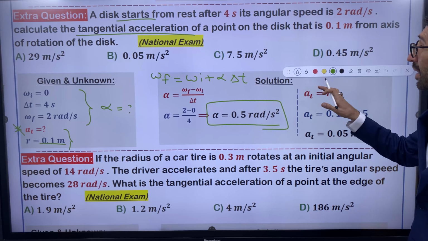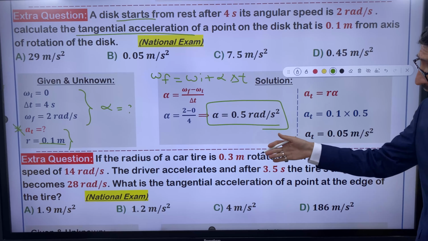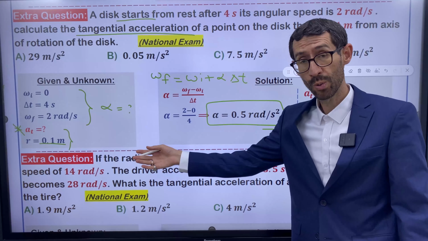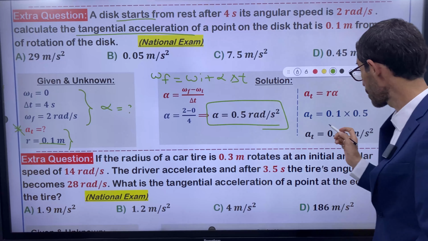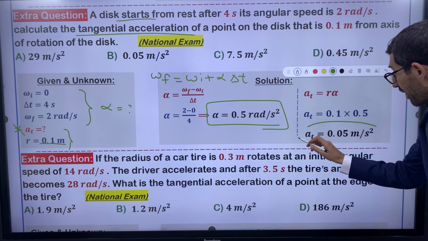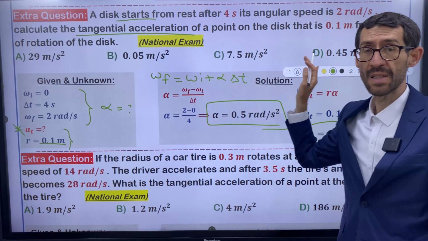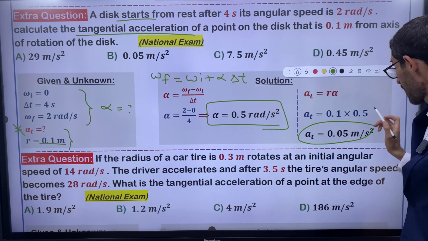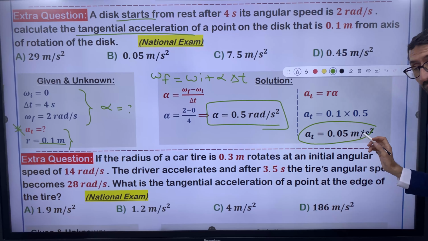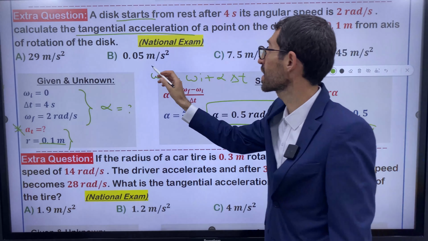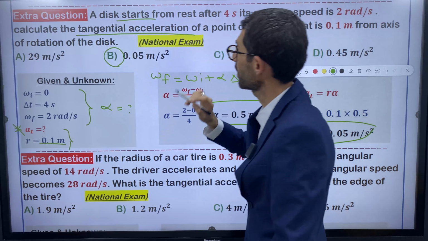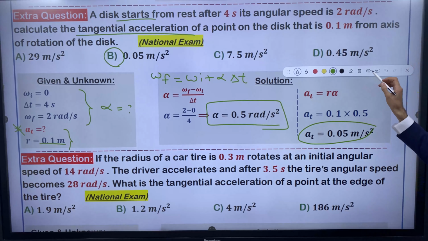They are important. Before I move on to the new question, let me choose the correct answer. Let's circle the answer. We have 4 options in the national exam question. So we found 0.05 meter per second squared. This one is the answer of our question.